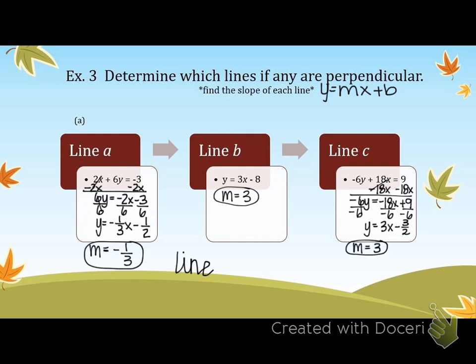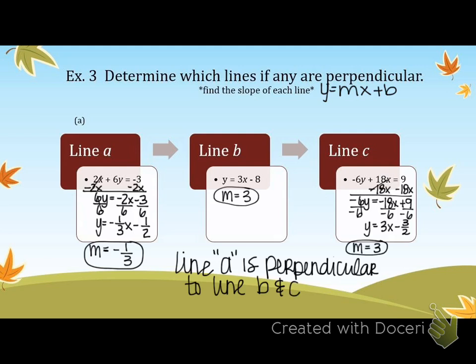A, and you might want to put A in quotes so it doesn't look like the word a. Line A is perpendicular to line B and C.